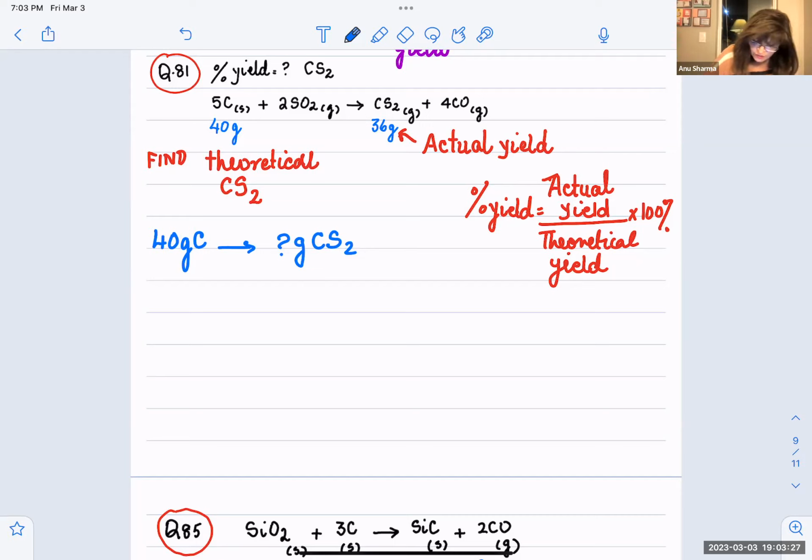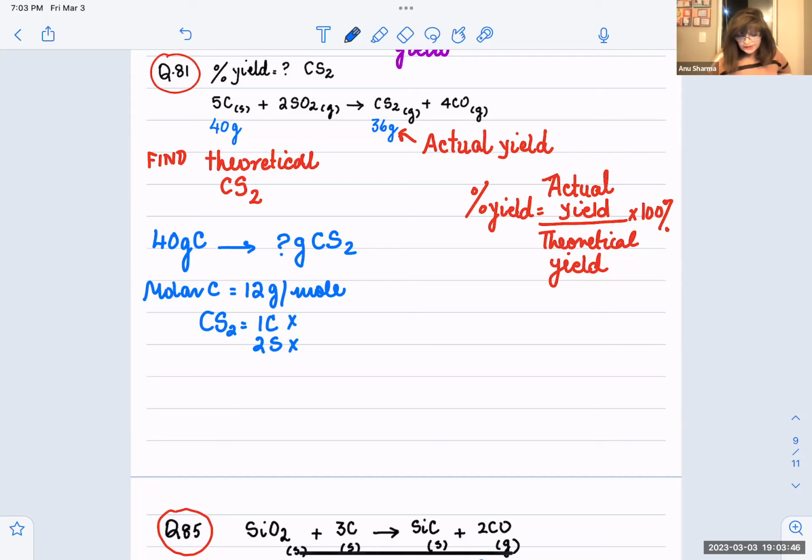So here, once again, you would need the molar masses. The molar mass of carbon is 12 grams per mole, and that of CS2 is equal to 1 carbon and 2 sulfurs times... Carbon is 12 and sulfur is 32.